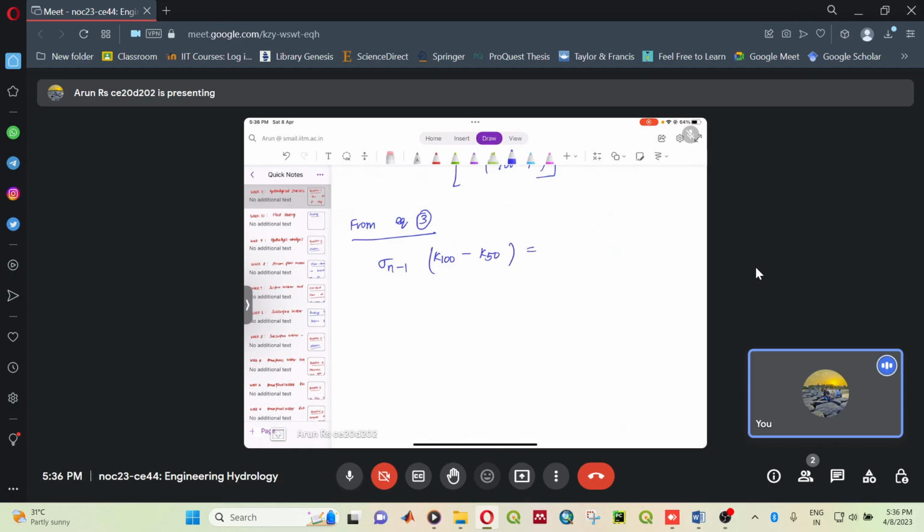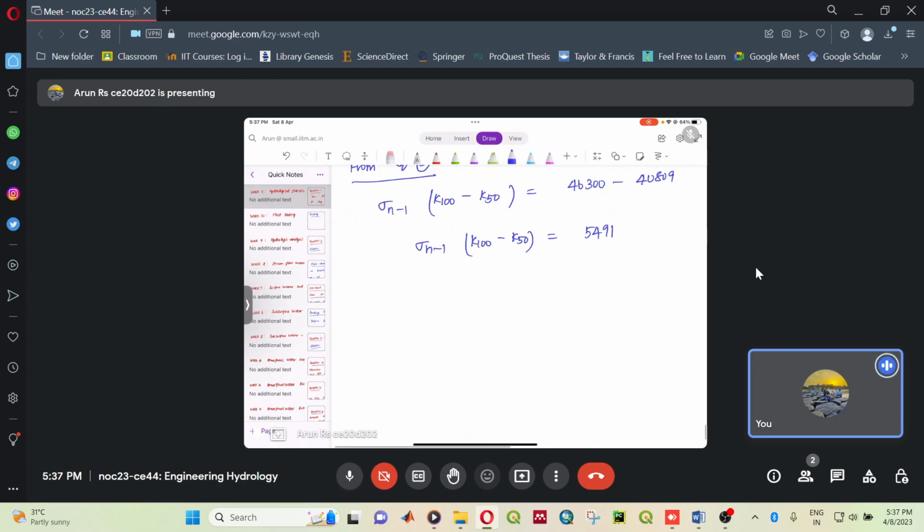That will be 46300 minus 40809. So sigma n minus 1 k100 minus k50 can be written as 5491.